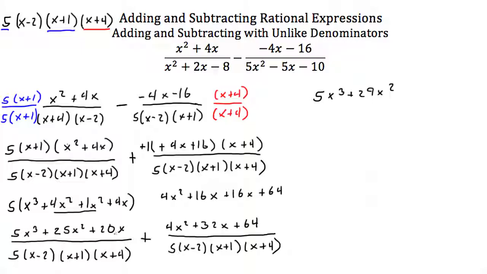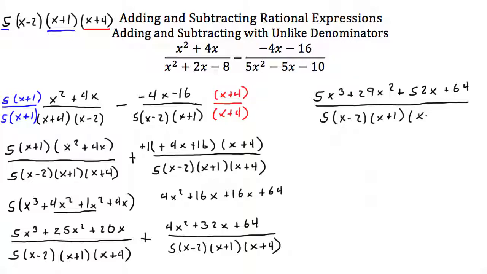We have a 20x and a 32x. That's 52x. And then a 64. And of course, this is all over 5 times x minus 2 times x plus 1 times x plus 4.